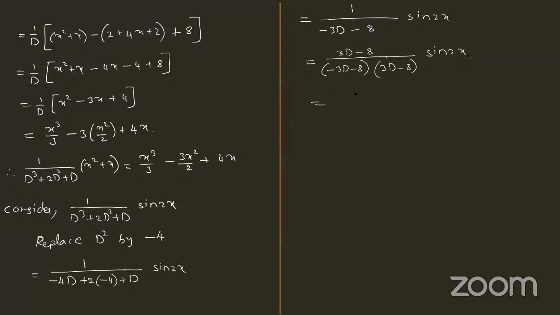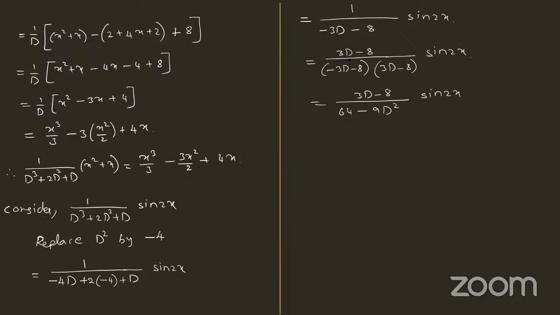Now this 3D minus 8 in the numerator remains as it is, but in the denominator it is minus a plus 3D, minus a minus 3D, a plus b into a minus b. So a square minus b square is minus 8 whole square, 64, minus 3D whole square, 9D square. Yes or no? So this into sine 2x.